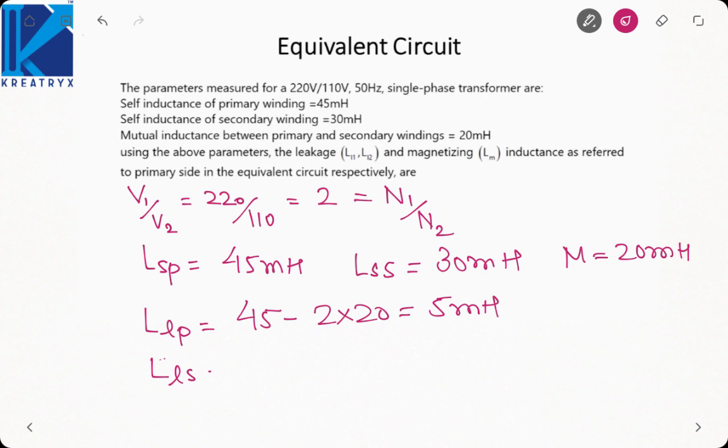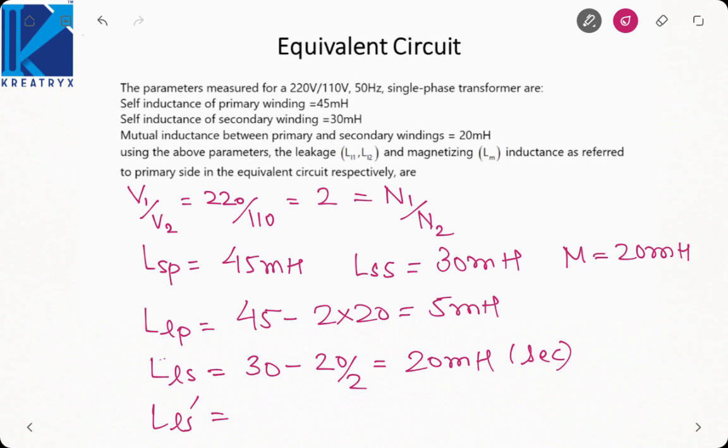What about leakage inductance of secondary? Now here we have to refer all these parameters on the primary side, but let us anyways calculate LLS: 30 minus N2 by N1, that is 20 by 2. That is how much? It will be 20 millihenry. But this will be on the secondary side. We have to refer it to primary.